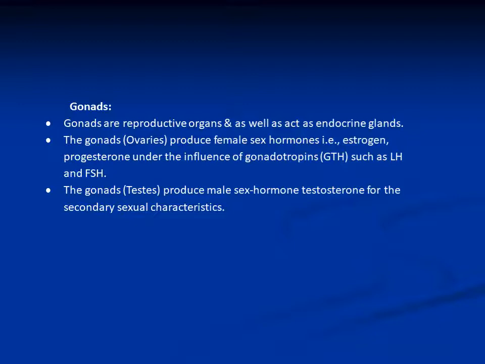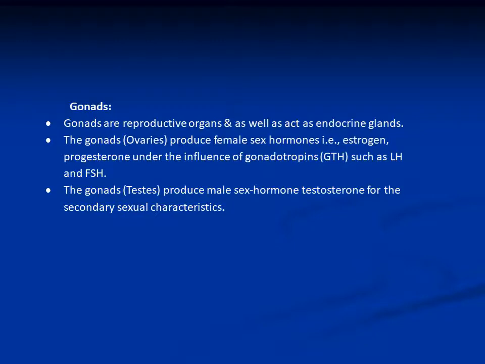Here is a trick to memorize estrogen and progesterone functions. Estrogen has an S, and secondary sexual characteristics also start with S. Estrogen causes secondary sexual characteristics of females, and for progesterone, P for progesterone, P for pregnancy, the main function of progesterone is maintenance of pregnancy.